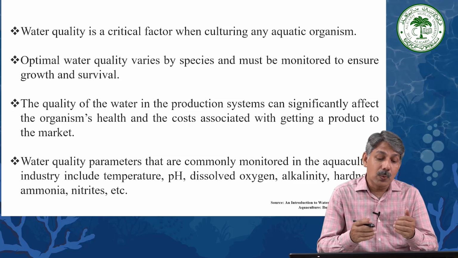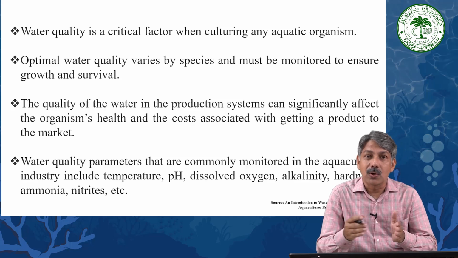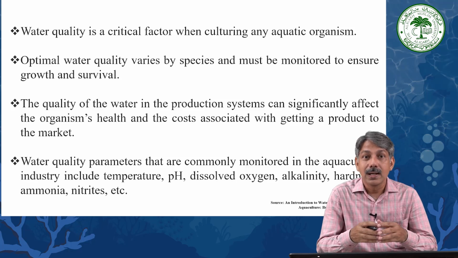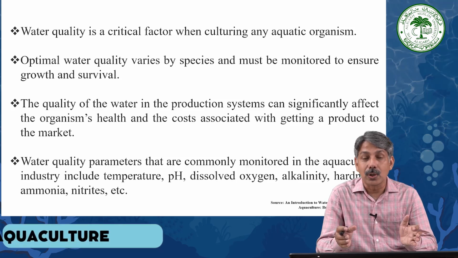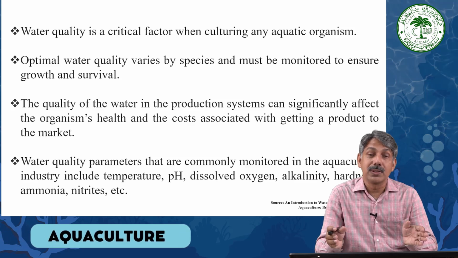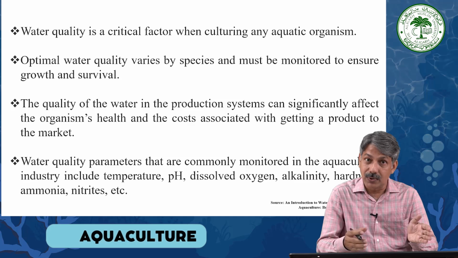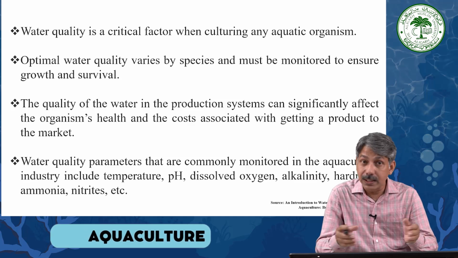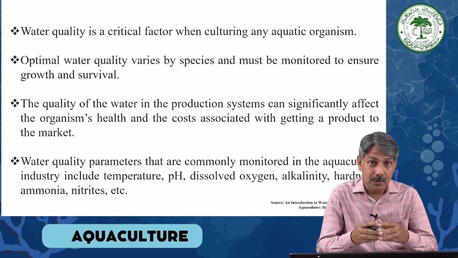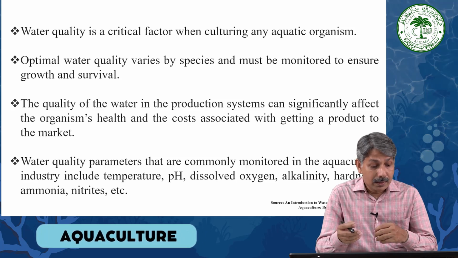Now, when water quality is altered by one reason or the other, what is its influence, and how do different water quality parameters interact with each other, how do they influence each other, and what is the overall influence of these water quality parameters on the overall performance of the candidate species, for example, fish, when we go for an aquaculture system.